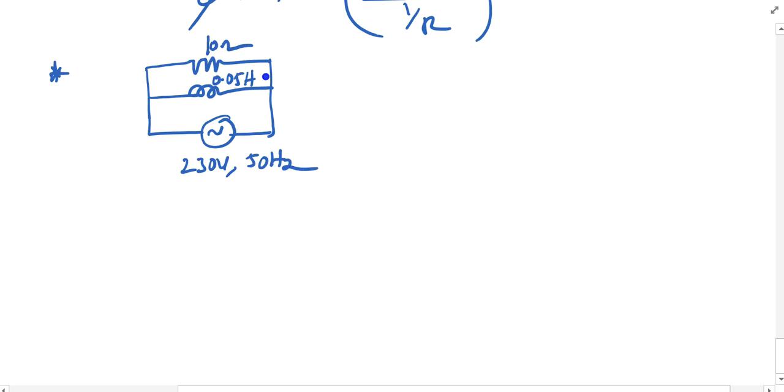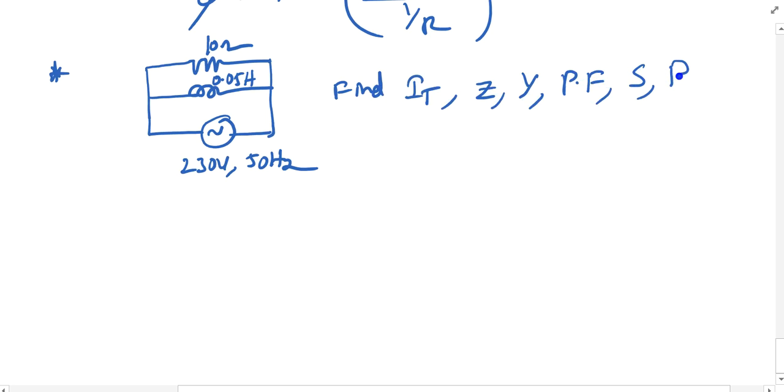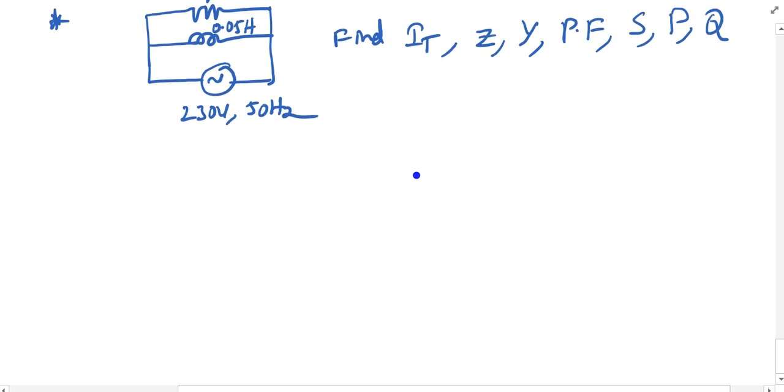I want to find the total current IT, the impedance, the admittance, the power factor, the apparent power, the active power, and the reactive power. All these I will answer in this network.